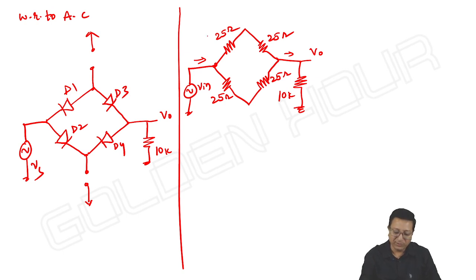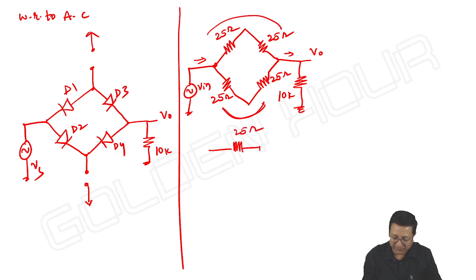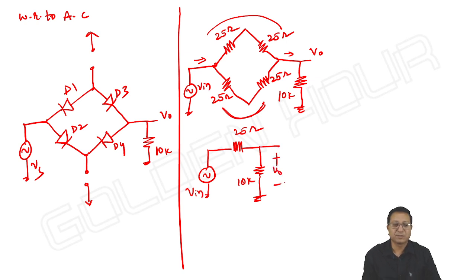Otherwise also, these two are in series, these two are in series, so series means total 50. Here also it is 50, and 50 parallel 50 is 25. So ultimately, I can write here 25 ohms, 10 kilo ohm, V input, V output. What are they asking? The gain, where V output is equal to V input by (25 plus 10k) into 10k.